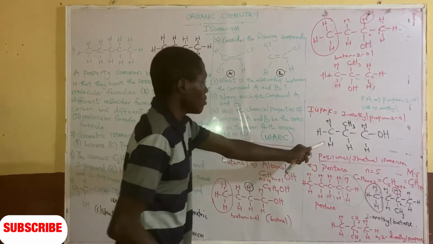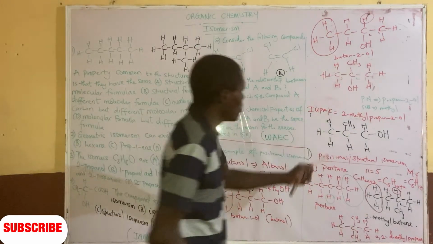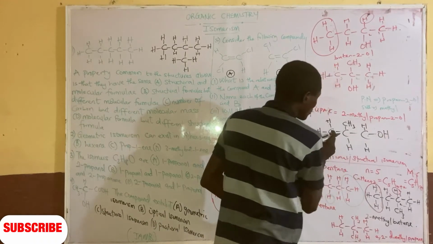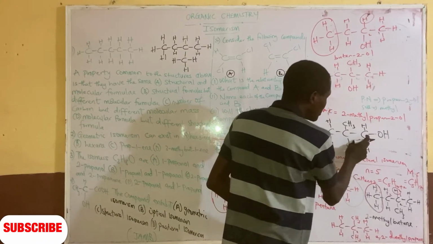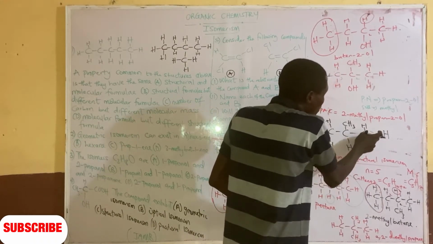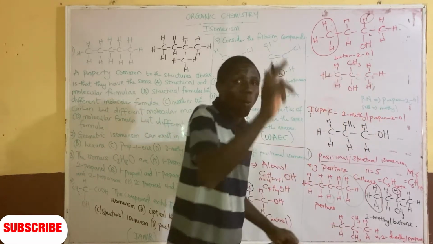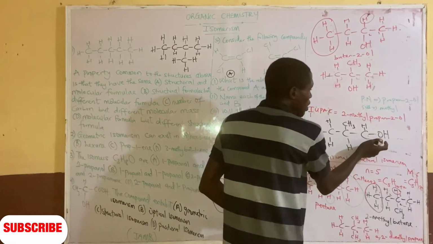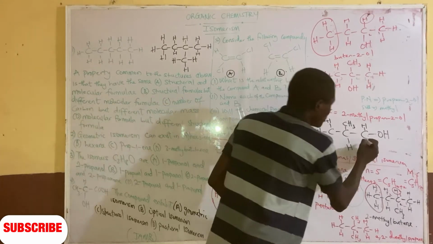Now look at this one. The parent name is 1, 2, 3, so propanol. But this propanol is propan-1-ol because the OH is on carbon 1.